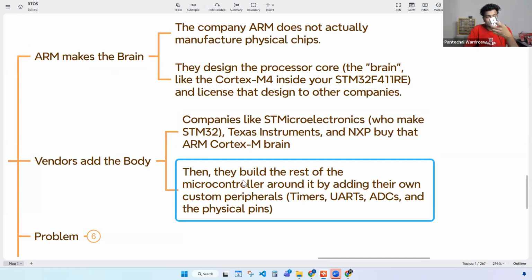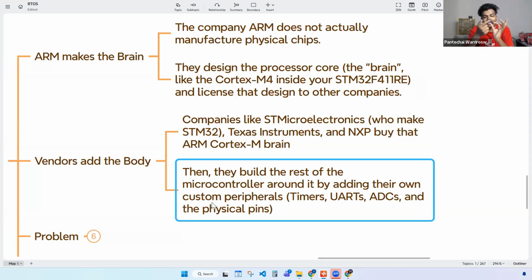Don't see this whole board, just see the chip. This chip is manufactured by ST Microelectronics. Imagine this is a PIC16 microcontroller chip: they will buy the PIC core from the Microchip company, and the other companies will put all the peripherals like timer, UART, ADC, physical pins.